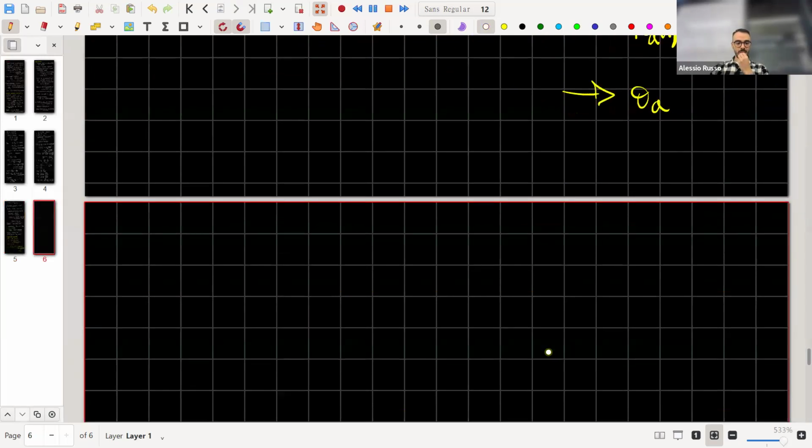Okay, so the tracking rule that we are going to use is called C-tracking, and it's defined in this way.